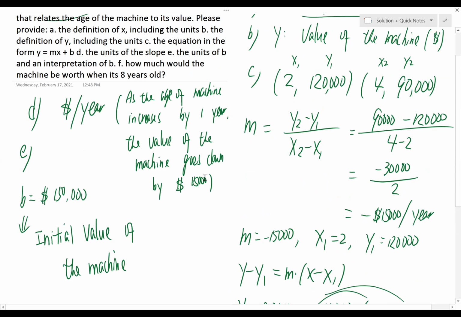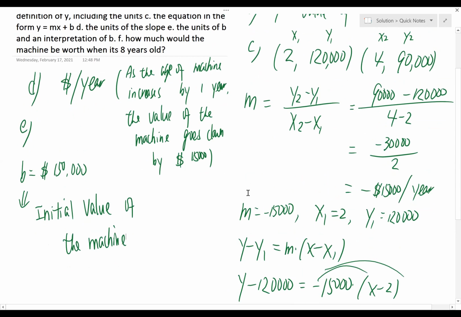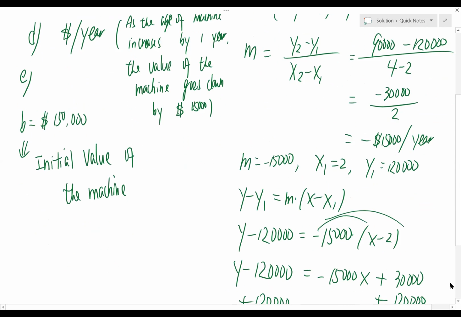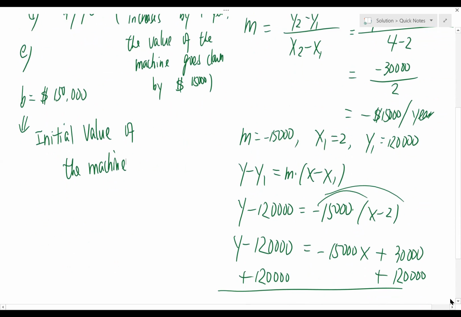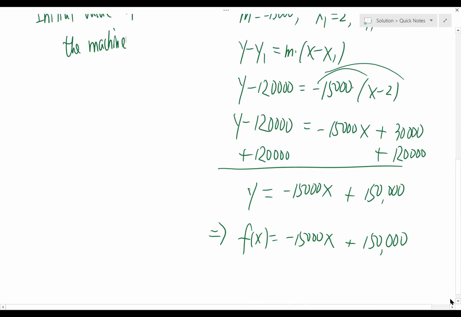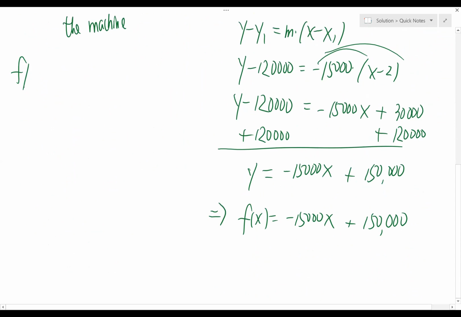You also want to find out how much the machine will be worth when it's 8 years old. We can easily plug 8 into the function notation, where x equals 8. Now we have f of 8 equals negative 15,000 times 8 plus 150,000.